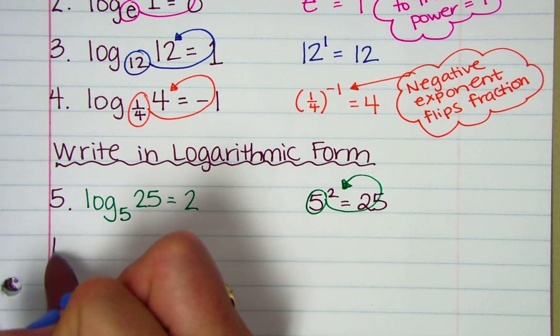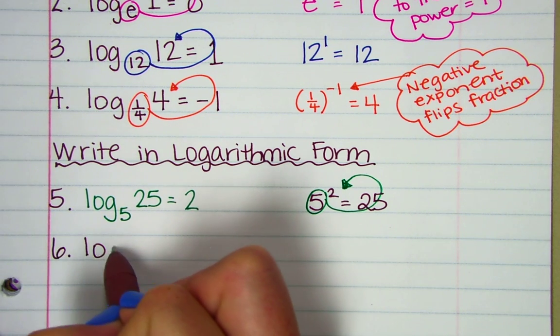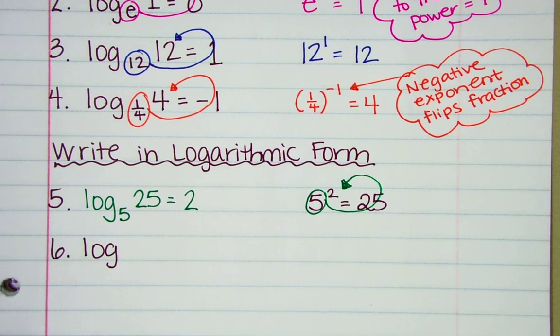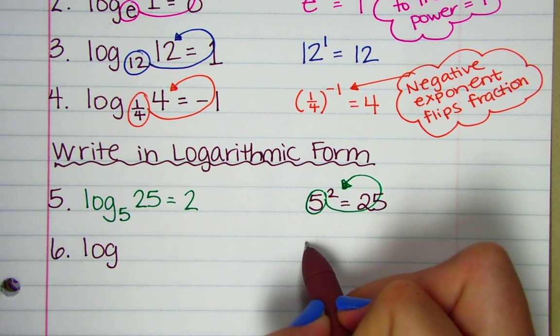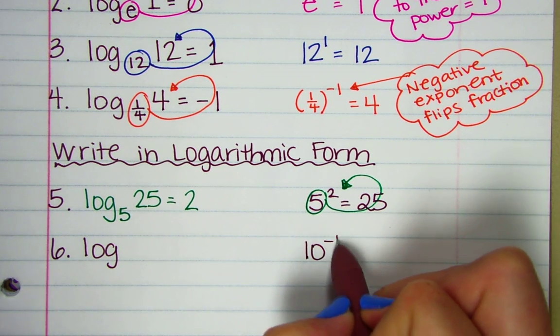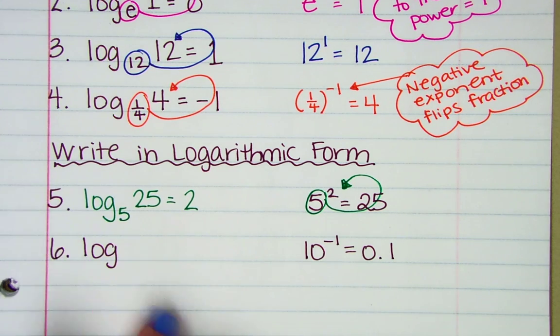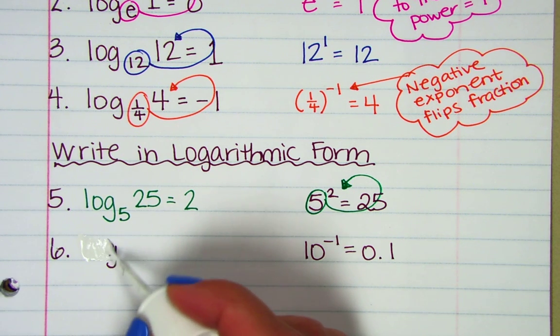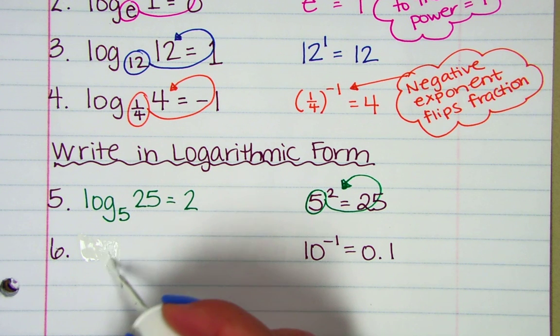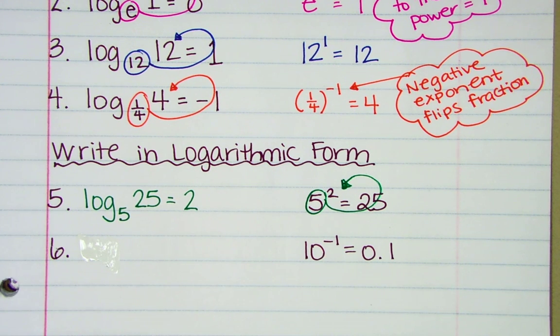All right, let's try another one. Okay. Log. I did this wrong last time. My bad. Hold on. 10 to the -1 equals 0.1. Log is right, but I'm going to erase it so that it can be in the right color. Now, here's what I want you to do on all of these. Anytime they give you a decimal, turn it into a fraction, because it's so much easier to see what's happening with the flipping fractions if you have one.